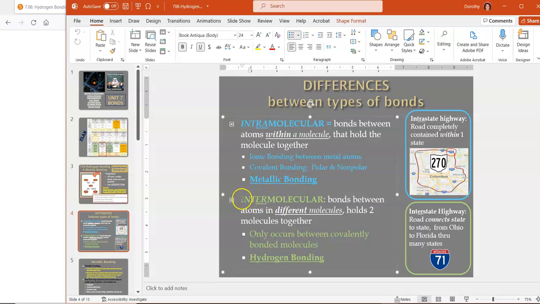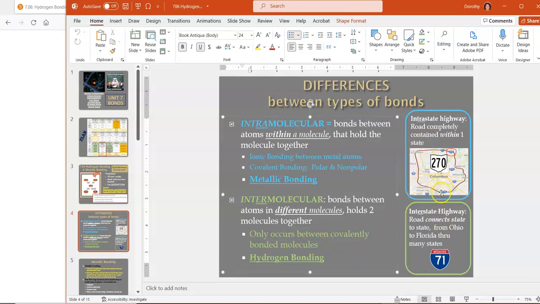The other type of bonding is intermolecular bonding, where inter means between different molecules, one molecule to another molecule. In this case, that's going to be the hydrogen bonding. It only happens between covalently bonded molecules.